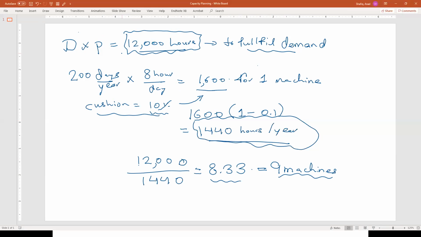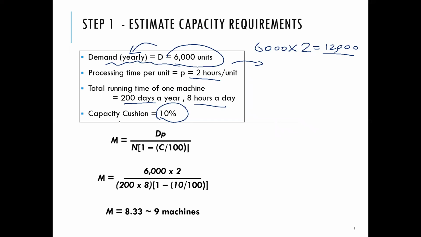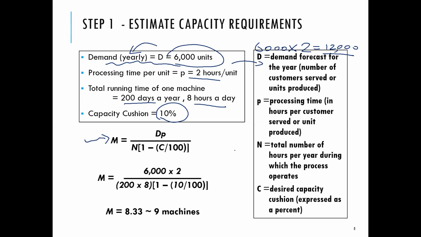Now, this is something that we went through in our last session. Now, moving back to our slides. Basically, I showed you this formula, which is essentially the same thing that we just did on the whiteboard. And this formula had M, which is the number of machines that are needed or machining requirements.